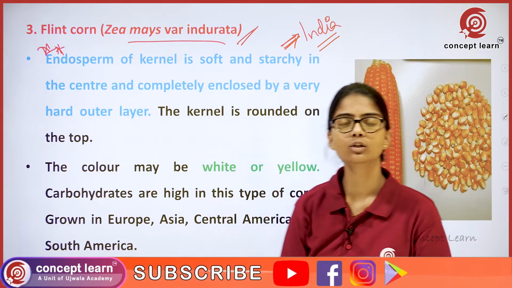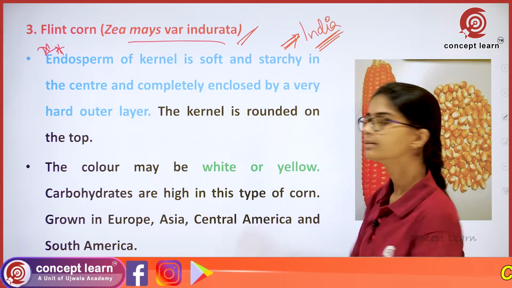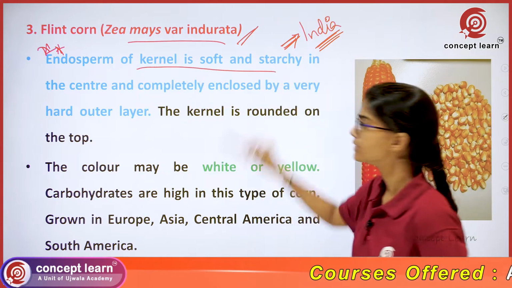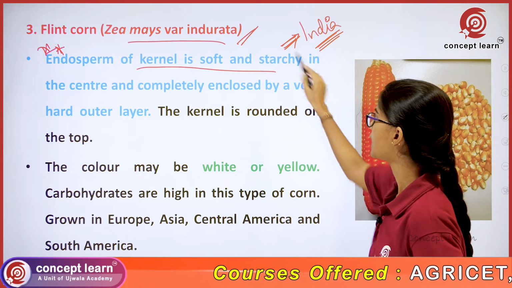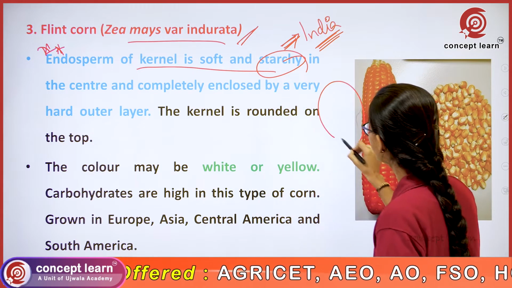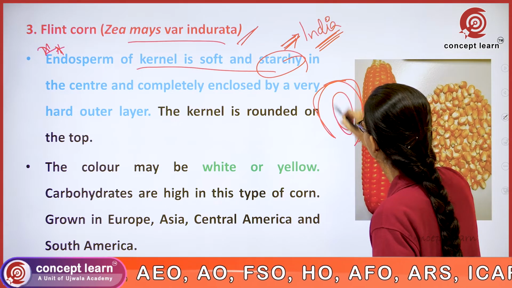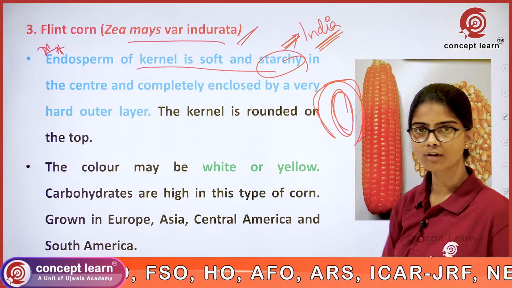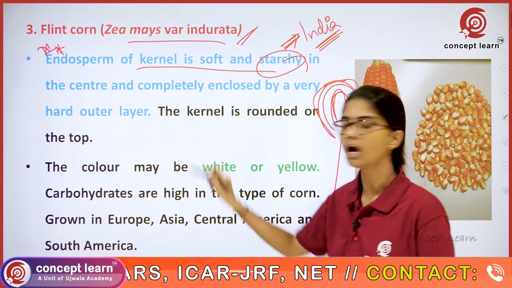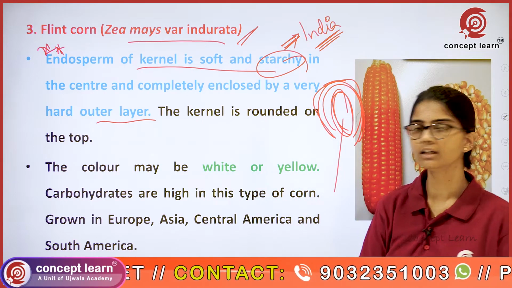Flint corn is grown and cultivated in India. The endosperm of the kernel is soft and starchy in the center, but it is covered by a hard outer layer in order to protect it from external conditions.